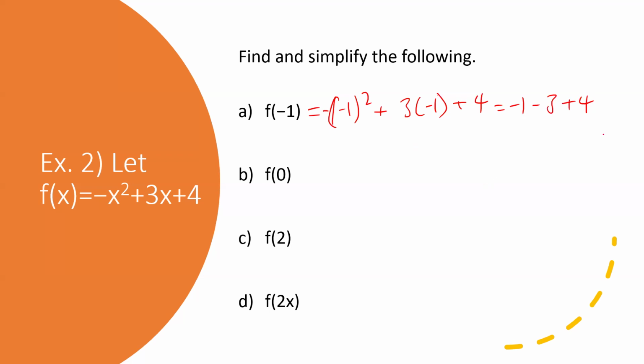What'd you get? -1 minus 3. If you owe me $1, then you now owe me $3. You owe me $4. And -4 plus 4 is 0.